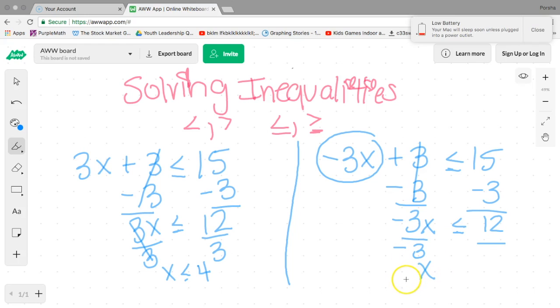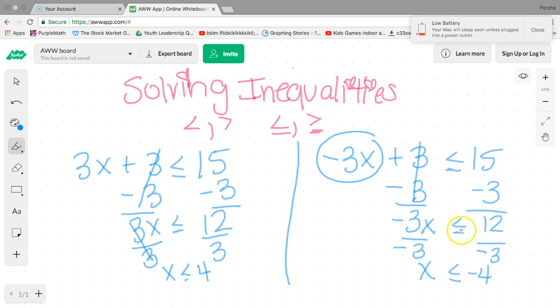Going back to the basic rules, the coefficient of x is understood to be 1 if you don't see an actual number in front of it. So you have negative 3 on this side. Now when you bring everything down as it is written, you have x is less than or equal to negative 4.